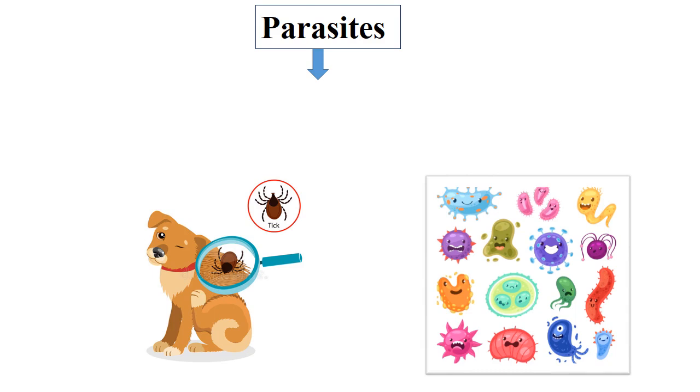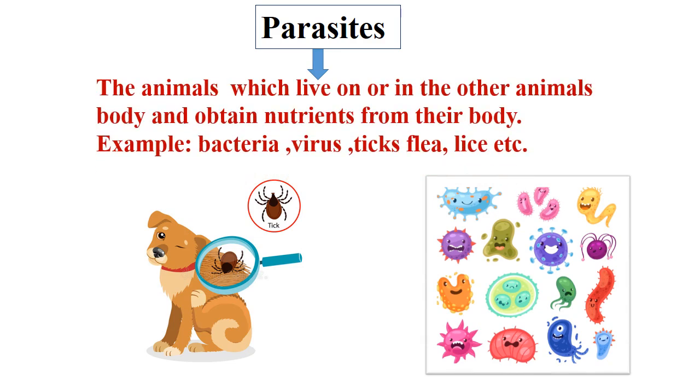Now first is parasite. The parasites are the animals which live on or in other animals' bodies to obtain nutrients from their body. You can see in the picture below, ticks are present in the hair or fur of some animals like a dog.